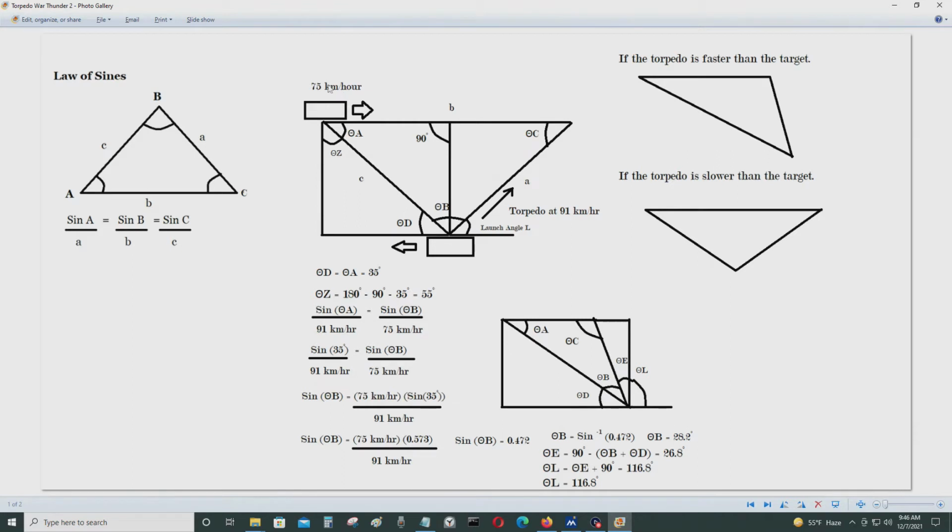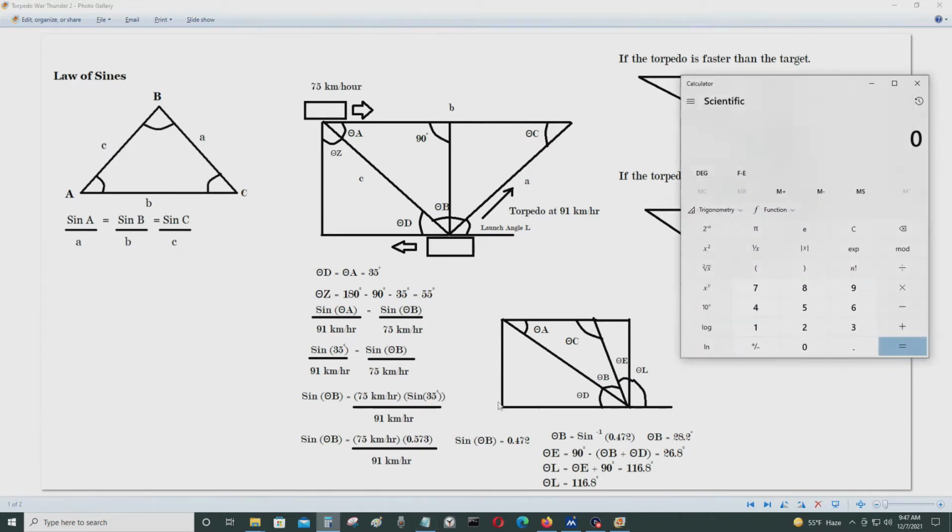Theta B corresponds to the target ship speed, 75 kilometers an hour. So sine of theta A, 35 degrees, divided by 91 kilometers an hour, equals sine of theta B, what we're trying to solve for, divided by 75 kilometers an hour. So sine of theta B is equal to 75 kilometers an hour times sine 35 degrees divided by 91.